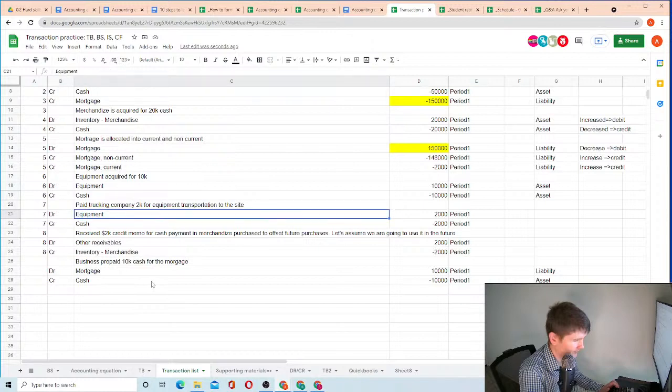Accounting standards will say that you need to capitalize on your books not only the acquisition cost for the equipment, but also whatever it takes to bring the equipment to your site and put it into operable condition.